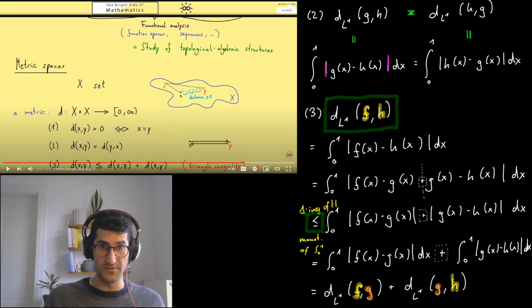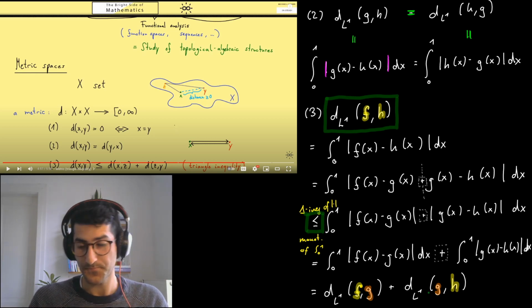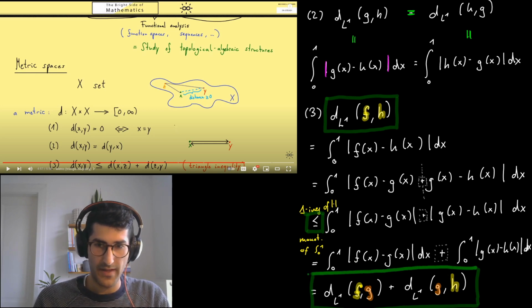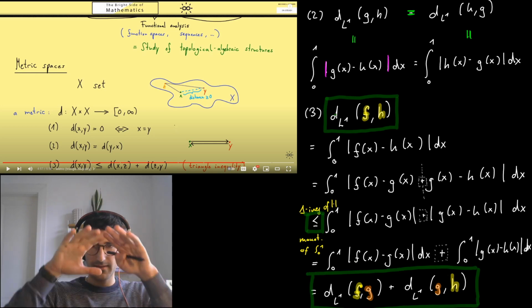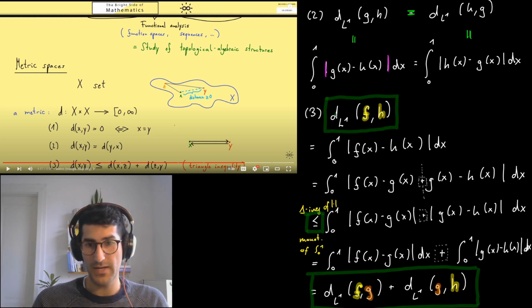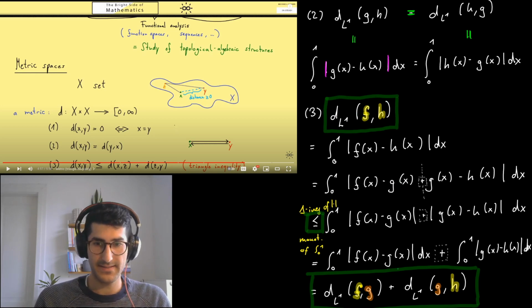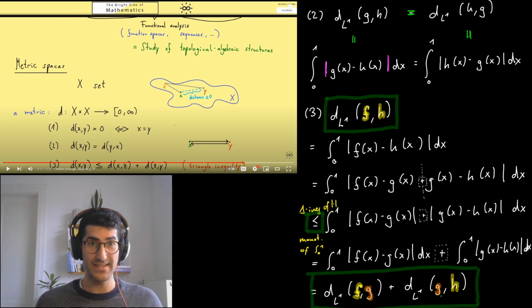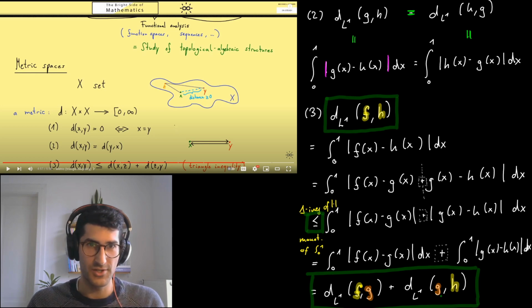So we build on this knowledge about the absolute value. And after some further calculations, we arrive at the sum of the distances of f and g. So just looking at the expressions that have a green border shows us that the L1 distance between f and h is less or equal than the sum of the L1 distances of f and g and of g and h. To sum up, our L1 distance is indeed a metric according to the definitions of the video.